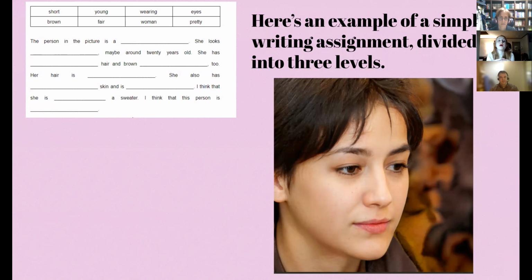So for my low level students, I designed this. It's a closed activity. They just have mostly adjectives and a couple of nouns in here. You can see the sentences are pretty short. There are no really big words. It's all very simple.